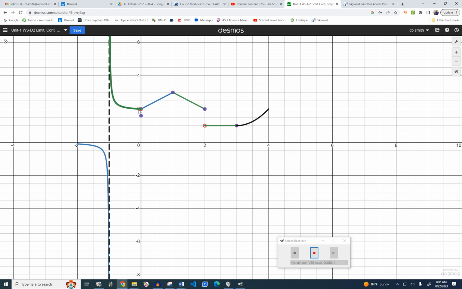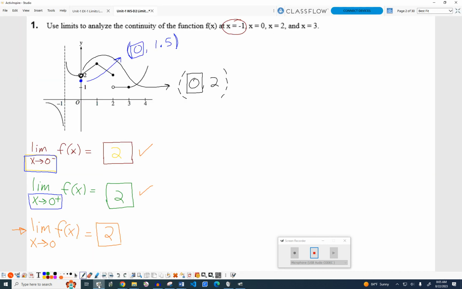So you've got to kind of keep two things separate. If I were making a table like this, I would pick dots whose x-coordinates are closer and closer to 0. So I would eventually be picking something like this.